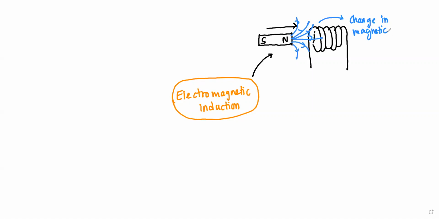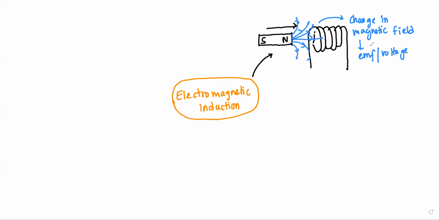So when we create a change in magnetic field or flux, it is going to be cut by the coil. As a result, the coil can generate an EMF. EMF is a voltage.